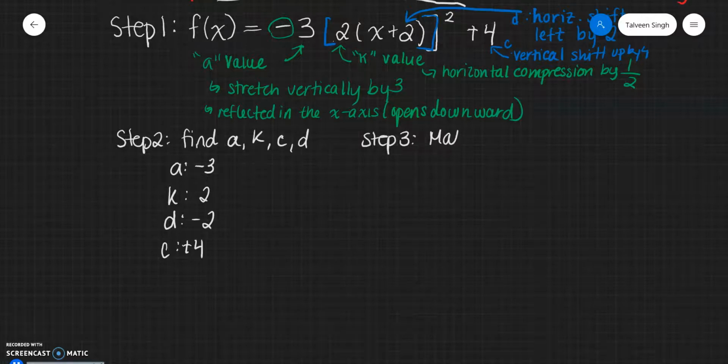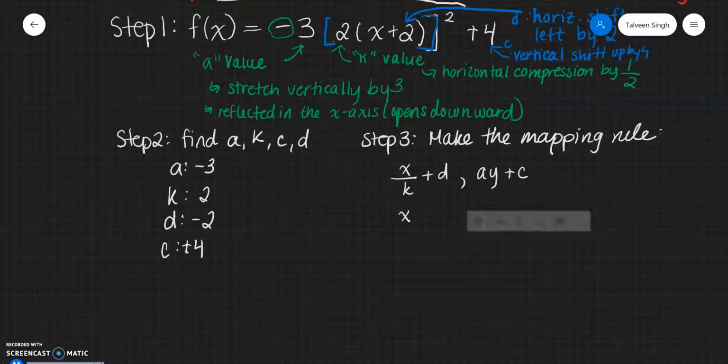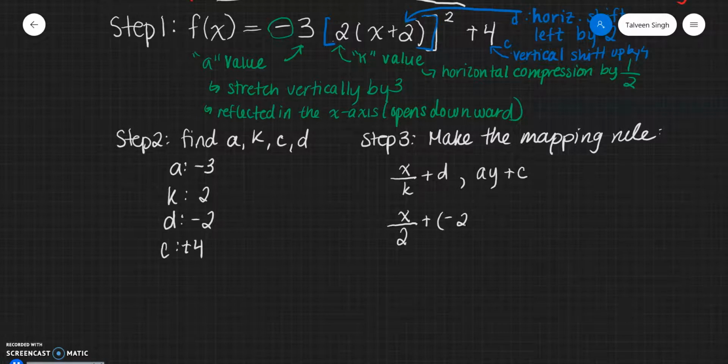Okay, step 3, make the mapping rule. Your mapping rule is always going to be (x over k plus d, a y plus c), and now you just have to substitute in the k, c, d, and a numbers. So x divided by my k value, which is 2, plus my d value, which is negative 2.